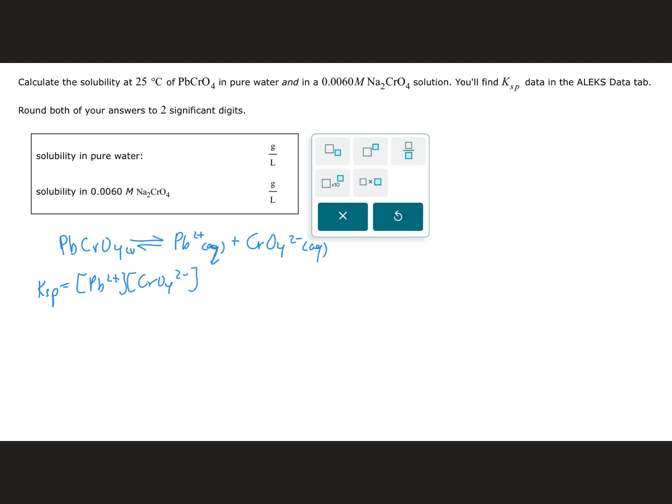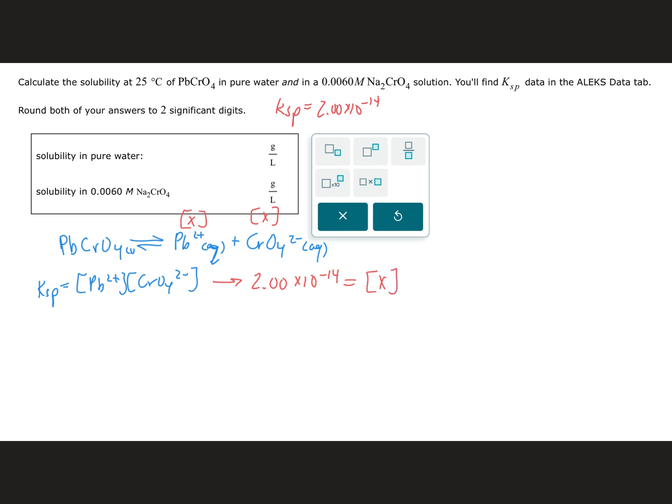We don't know either of those, and they're 1 to 1, so for every 1 lead, we're going to have 1 chromate. So I can say my KSP, which equals 2 times 10 to the minus 14, equals my concentration of lead times my concentration of chromate.